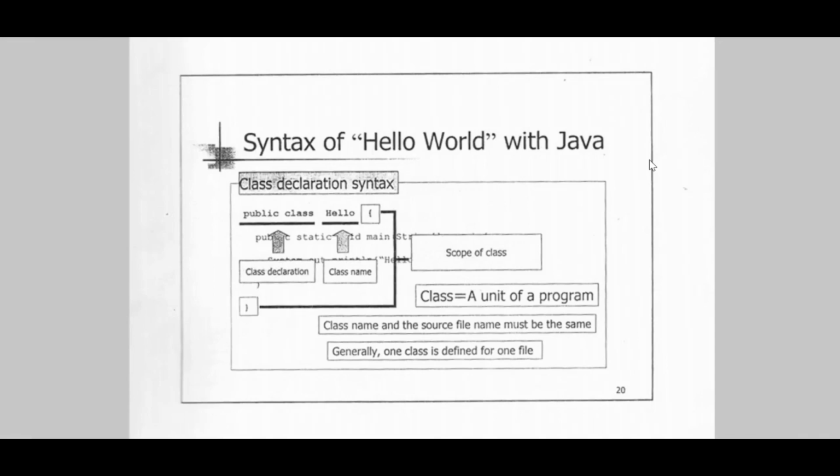This time we're going to take a look at the syntax of a Java class declaration. Recall last time in our demo that our Java class starts with the keyword class, and this keyword public here is simply an access modifier, and later we're going to discuss that there are 4 access modifiers, and public is just one of those 4.